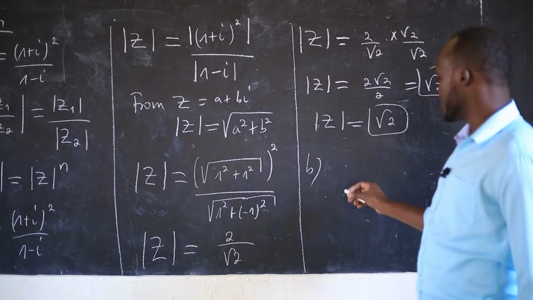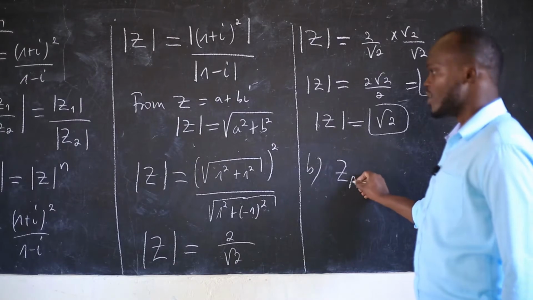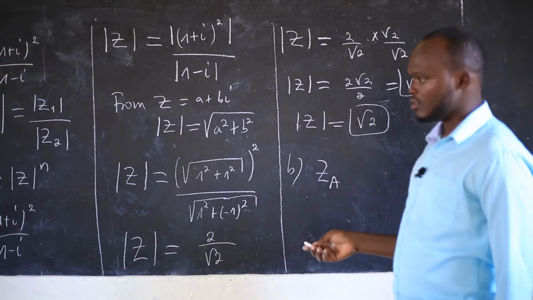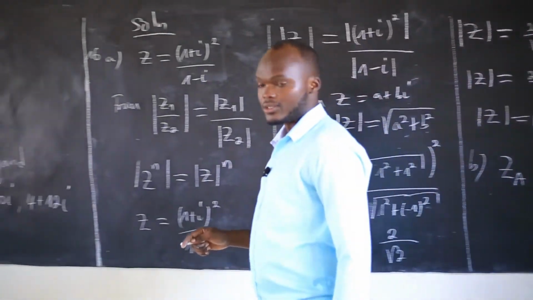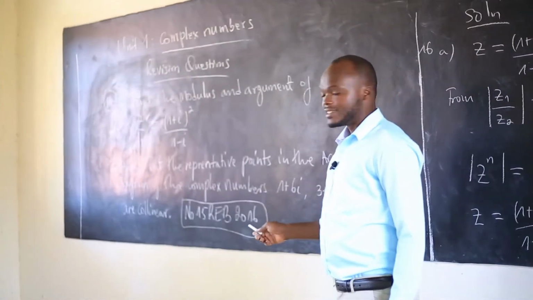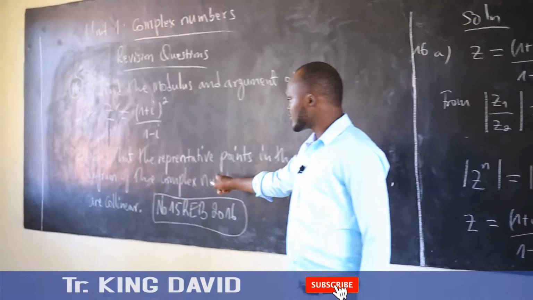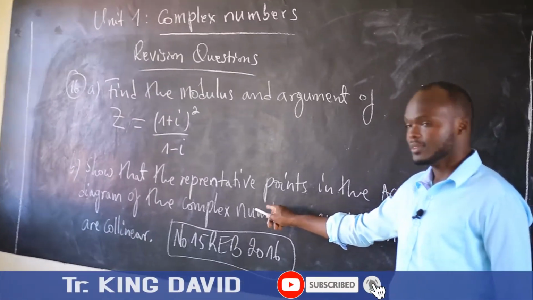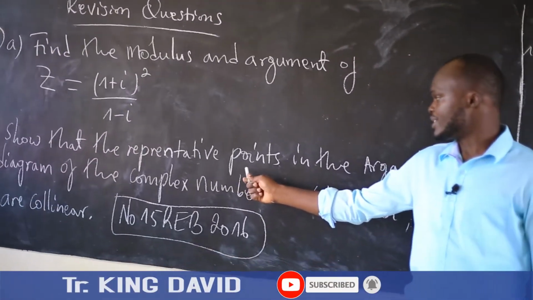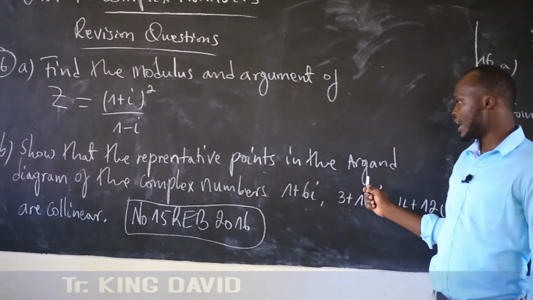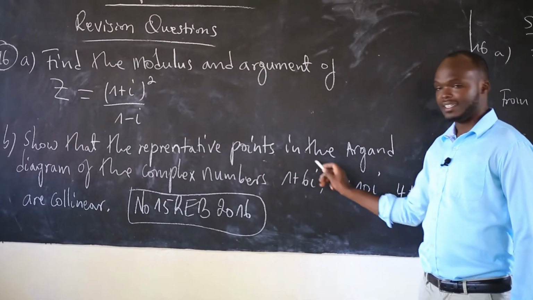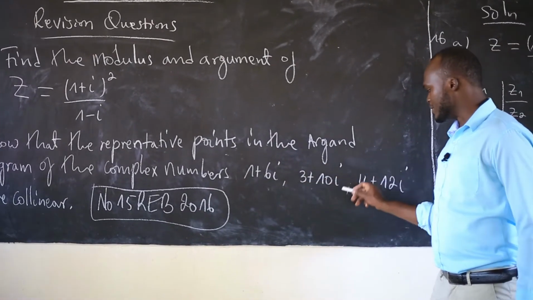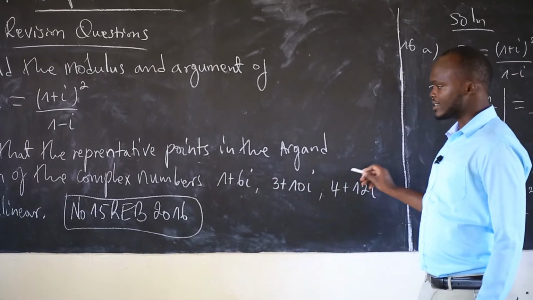For B, let us first come back to the question so you can see it very well. It says show that the representative points in the Argand diagram of the complex numbers are collinear. We are going to call this one ZA, this one ZB, and this one ZC.